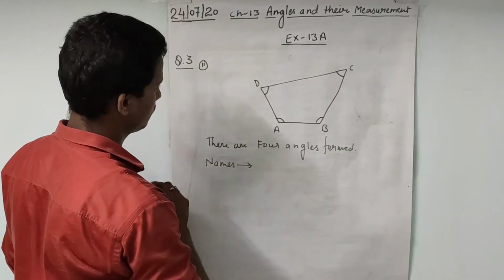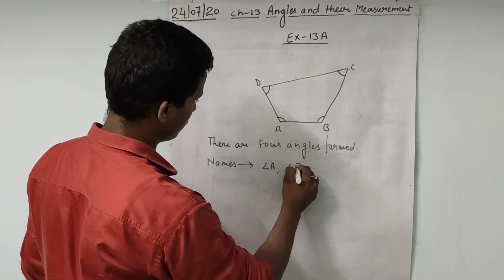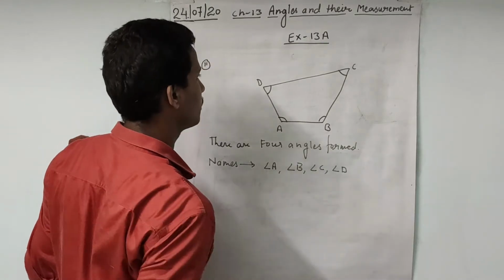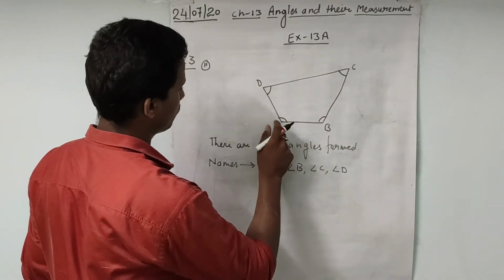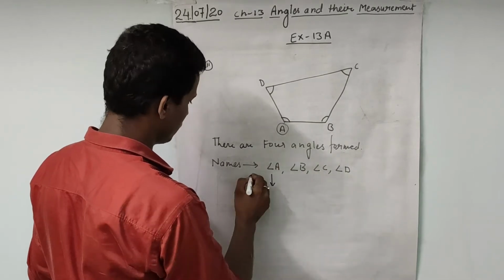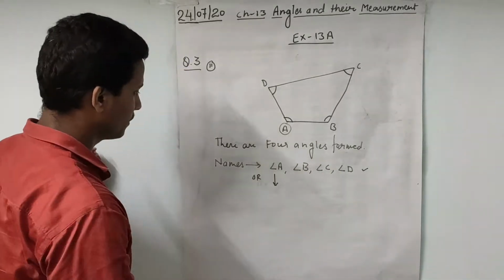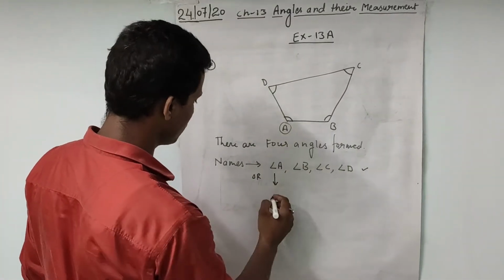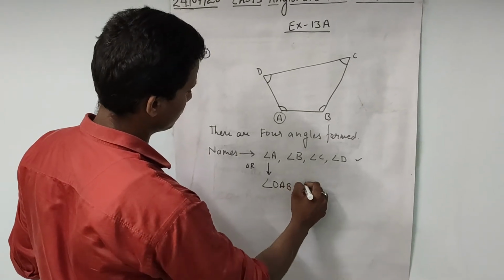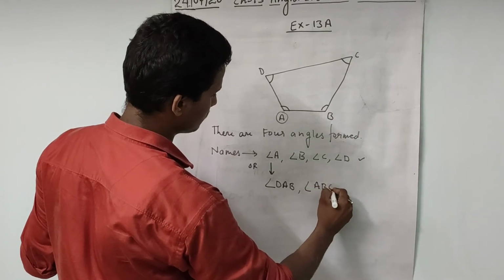First we can write angle A, angle B, angle C, angle D. This is also correct, but if you write the proper name, for angle A you can write DAB. Next, for angle B, ABC.